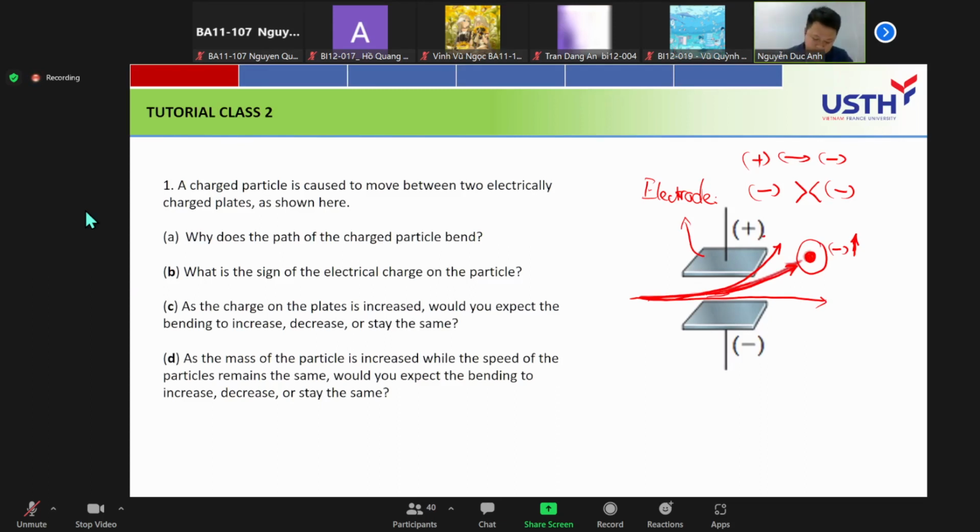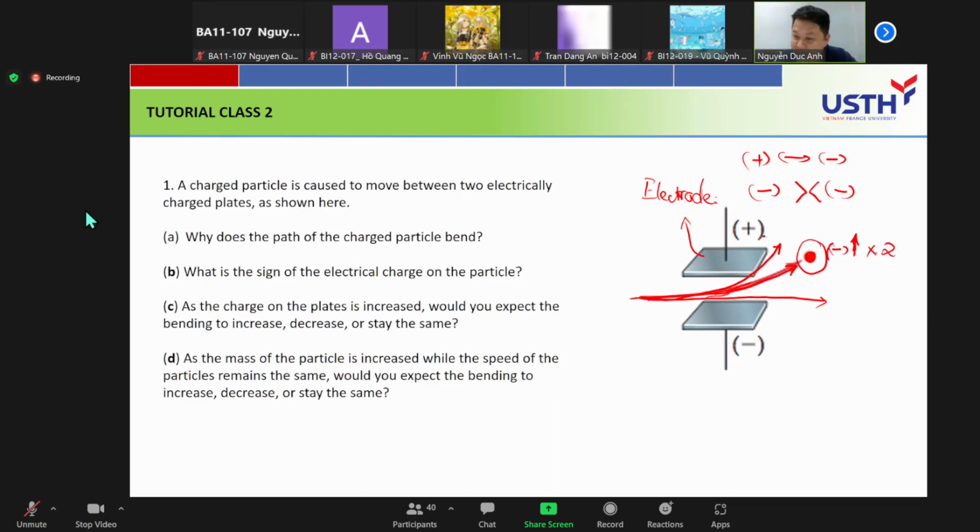In another thing, in what case do you think that if we increase, for example, now we increase the negative charge here to 2 times, okay?